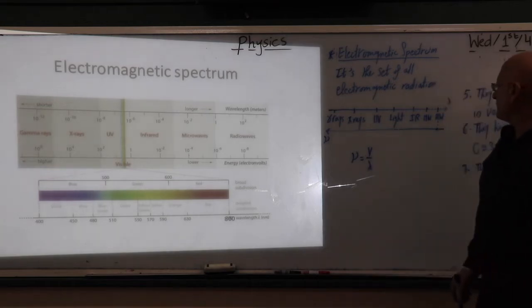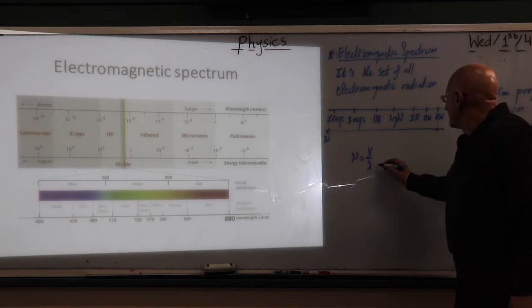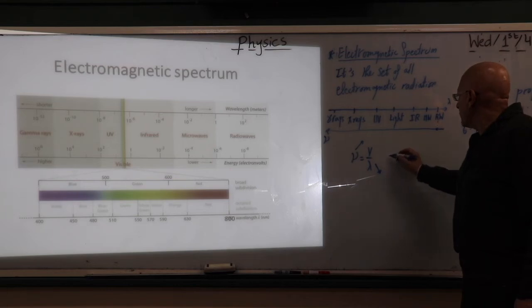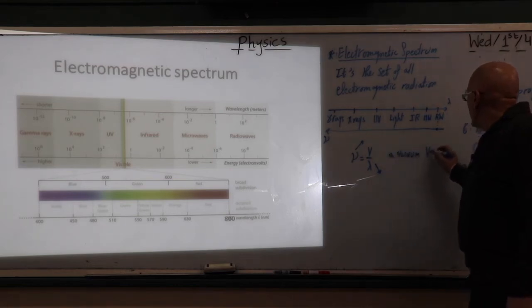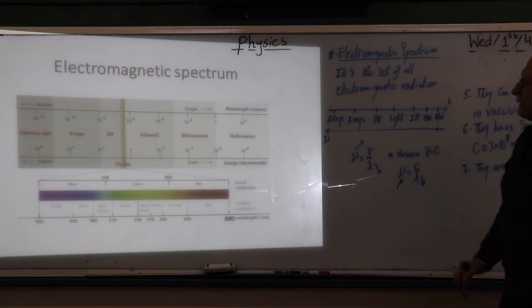So, as lambda decreases, the frequency increases, and in vacuum, V equals C. We write also C over lambda, and as you see, as lambda decreases, the frequency increases.